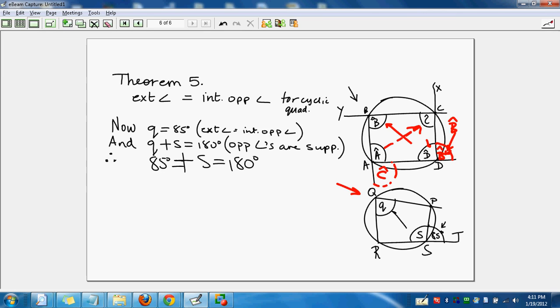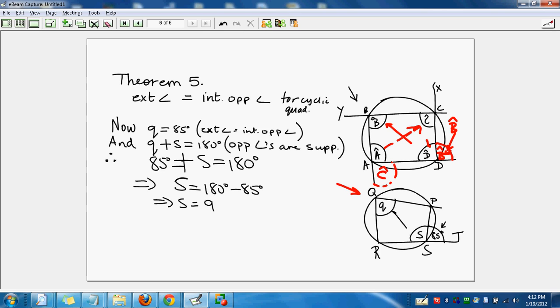So in that case, it would mean that angle S will be equal to 180 degrees minus 85 degrees, minus 85 on both sides, and we'll get that angle S must be equal, therefore, to 95 degrees.